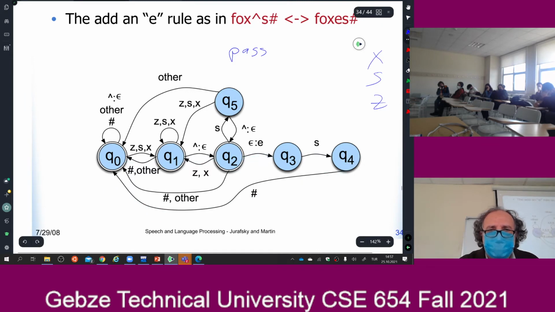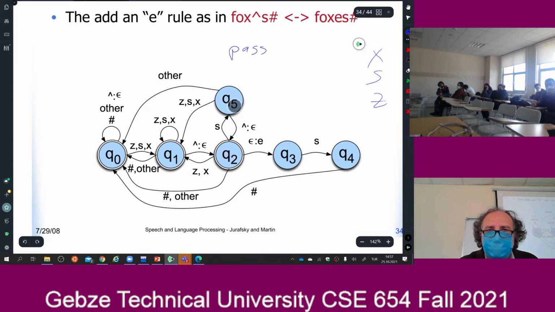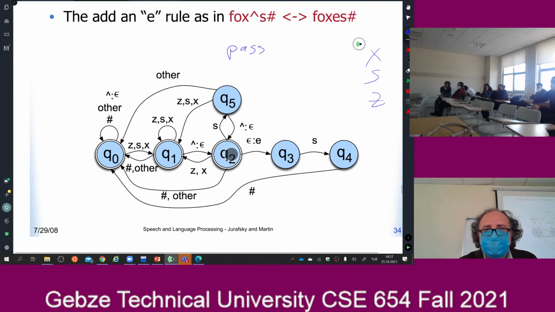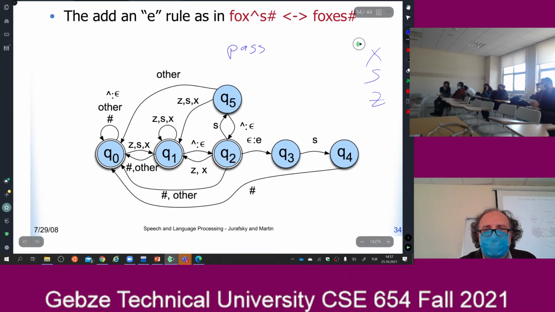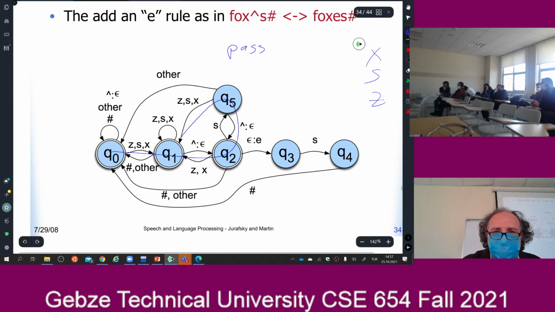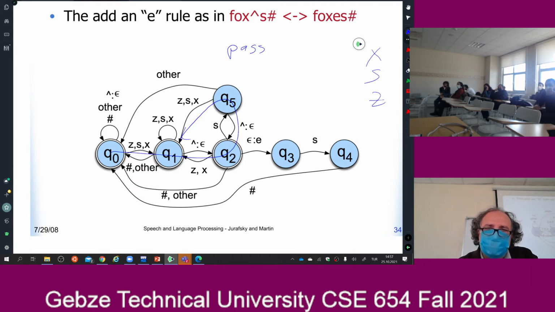And how about this one? I am here, I transitioned with an S, I come there. Oh, okay, I saw an S, I come here, and at the end, if I have an S, I couldn't figure out this part. Can you see what it's trying to solve?